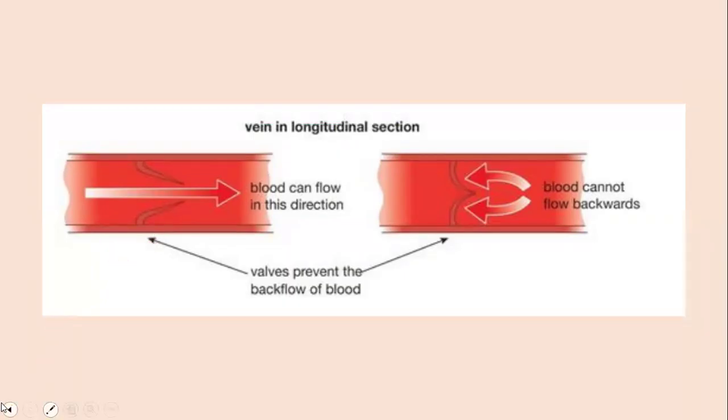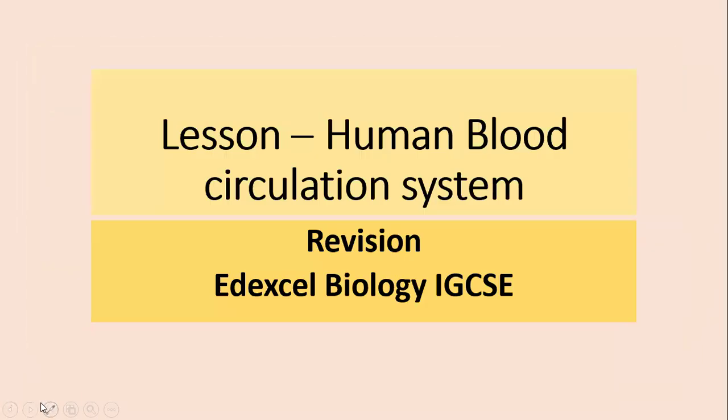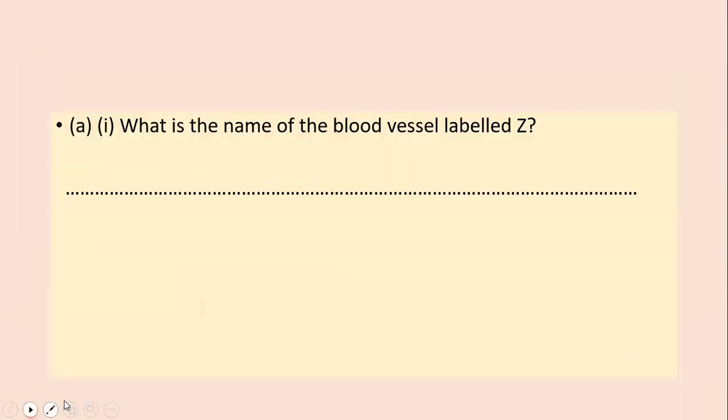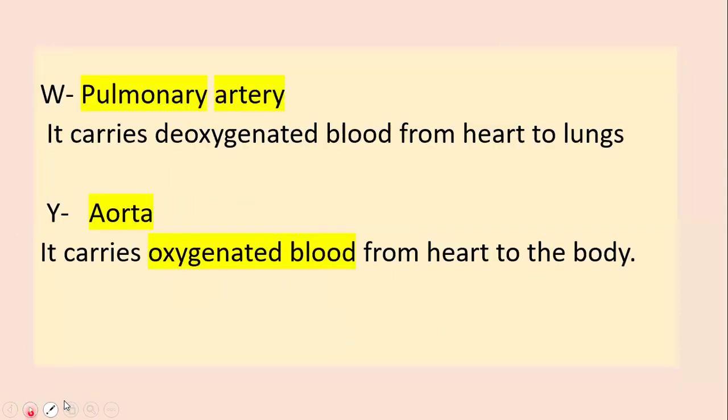For example, if blood is coming from organs in the lower part of our body, imagine the legs, there is always a tendency for this blood to flow backward toward the legs. So to prevent this backflow of blood, they have an adaptation known as valves.